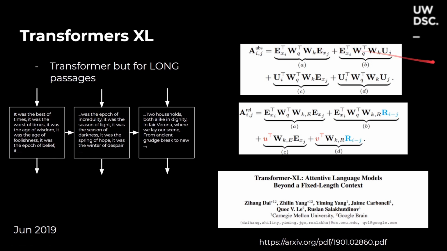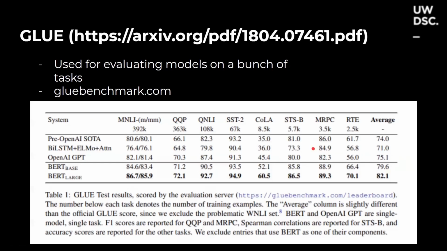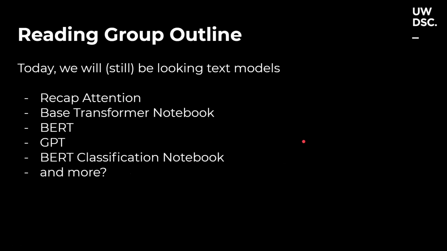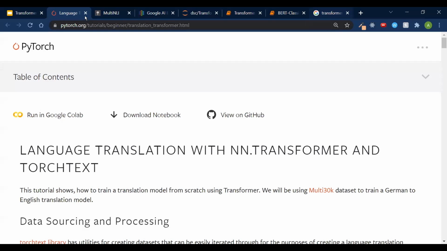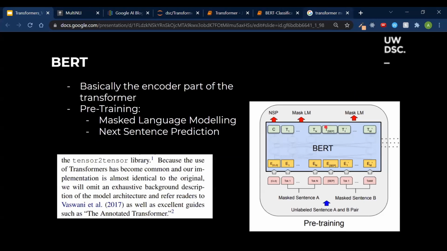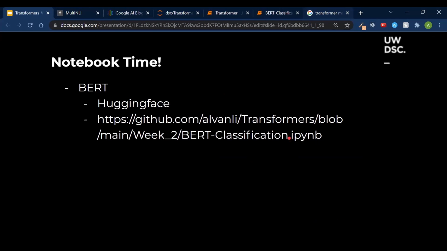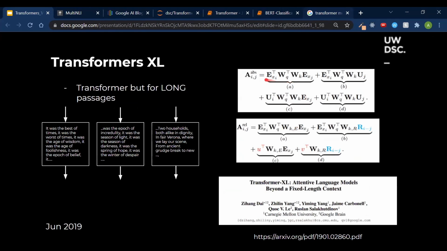So here we have the attention score. You might see that it's very, very different from the attention score listed here, and that's because they broke it down into these 4 terms that we're looking at here.